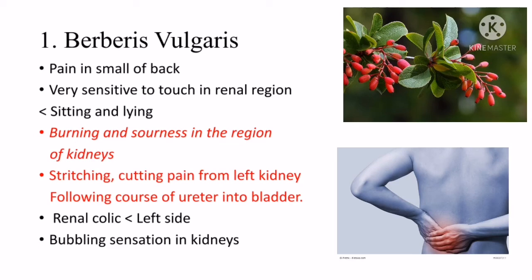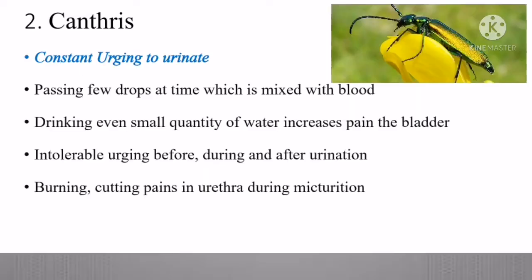The urine is greenish and blood red, with thick and transparent mucus, or reddish, jelly-like urine. Cantharis is mostly helpful in urination problems, but in Berberis vulgaris there is pain in the kidney region and along the course of the ureter.